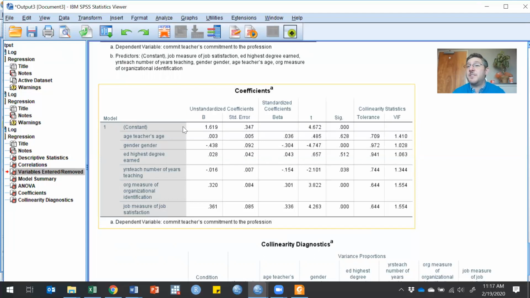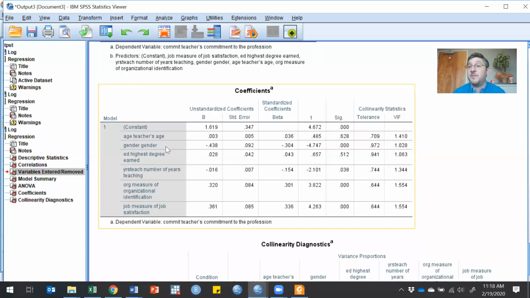In a lot of cases we're not interested in the value of the constant or the regression intercept, but we could also manipulate how we enter and code our variables to make the constant term meaningful, and then we can get a significance test on it. So we could center age at, say, 20.